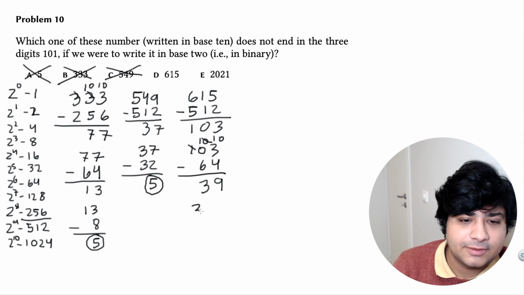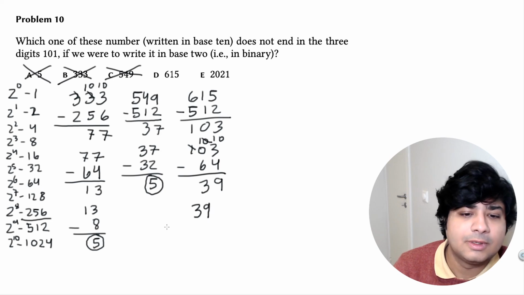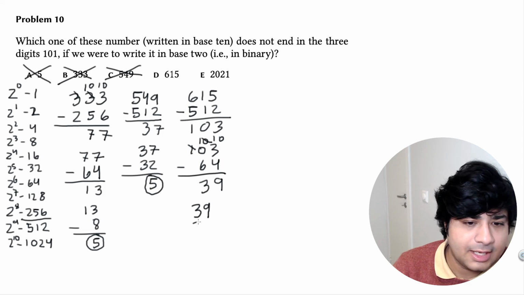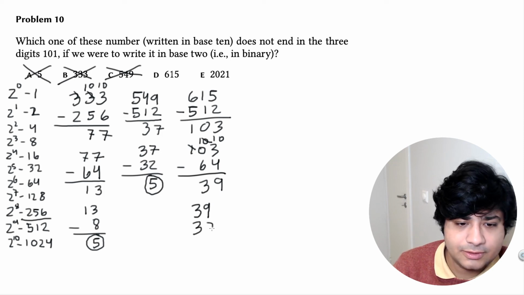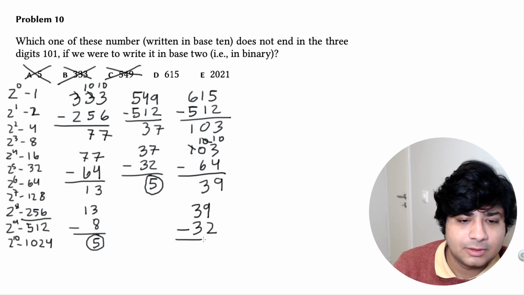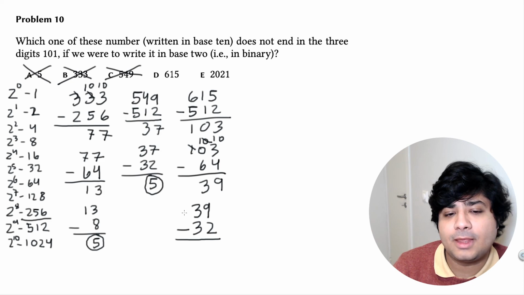So 39. And it's going to be 32. Which is going to be, how much is that going to be? That's going to be a 7.